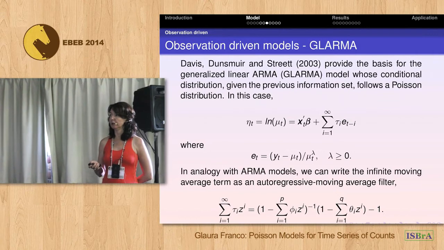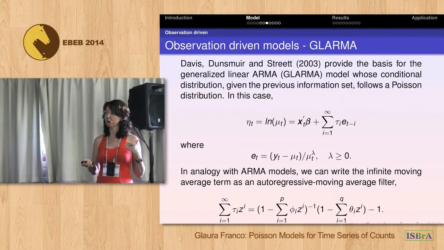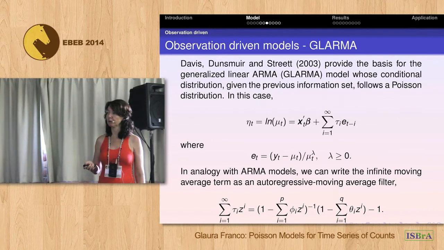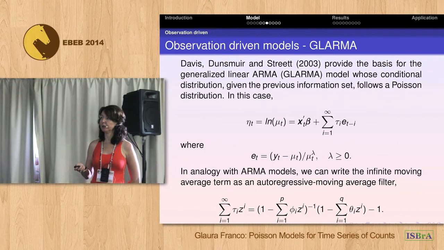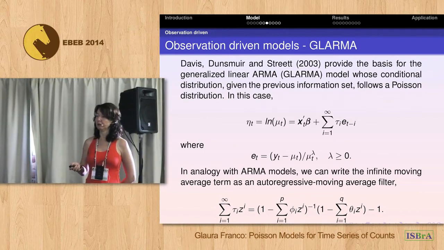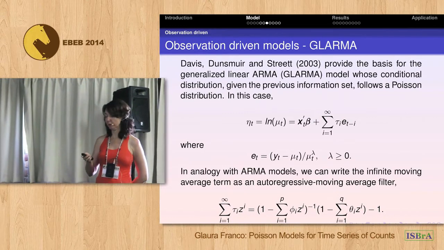So they made this analogy with ARMA models, so we can just write down this infinite sum here for autoregressive and moving average components.